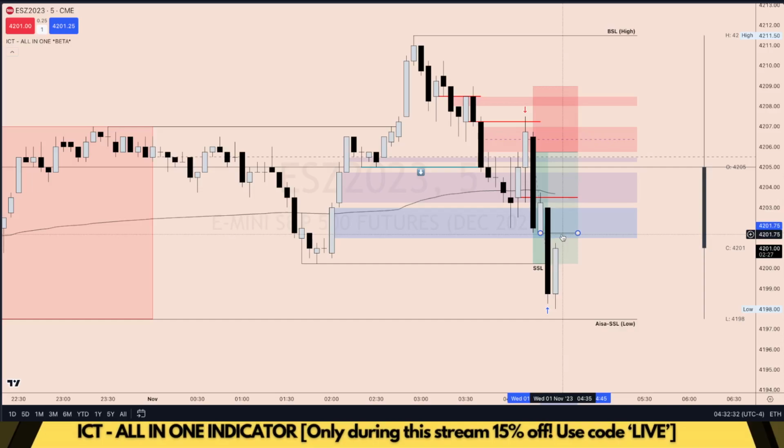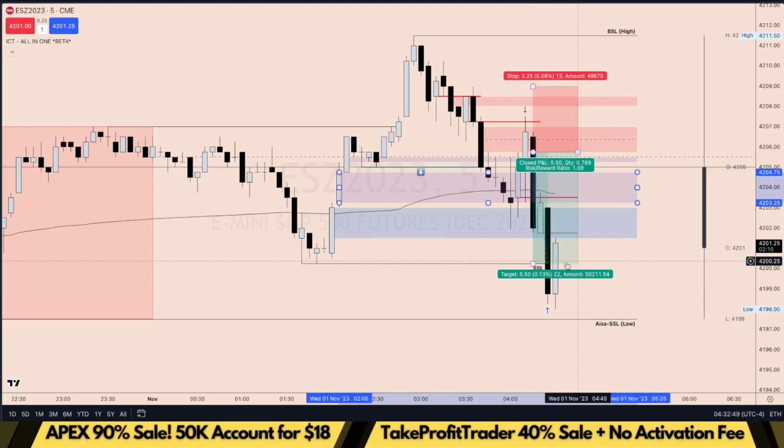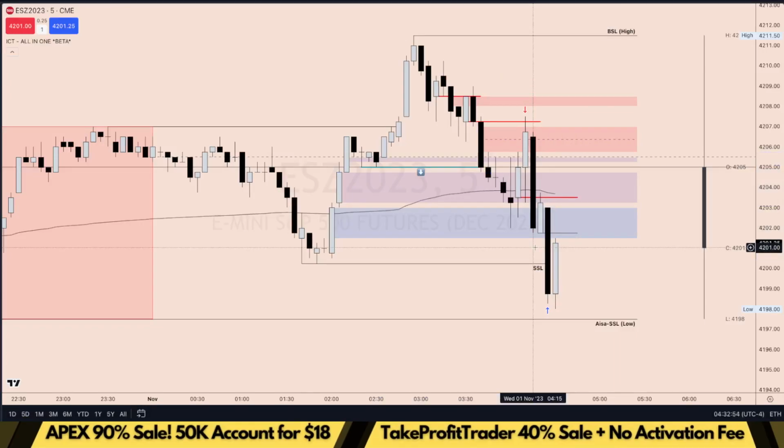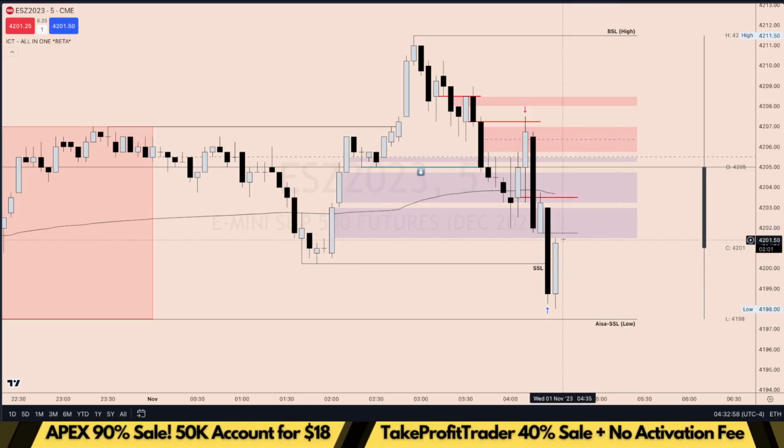We started up here, retraced into it, rejected, retraced into the up closing candle and rejected. We mapped out this one before it happened. We wanted to see resistance. We had the inversion fair value gap outlined with that, and we delivered into our target eventually. We turn this into an inversion fair value gap.